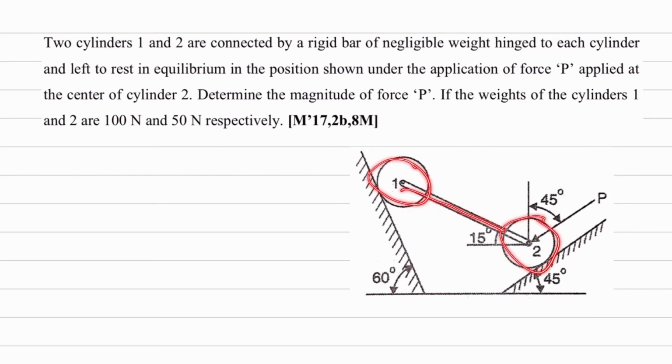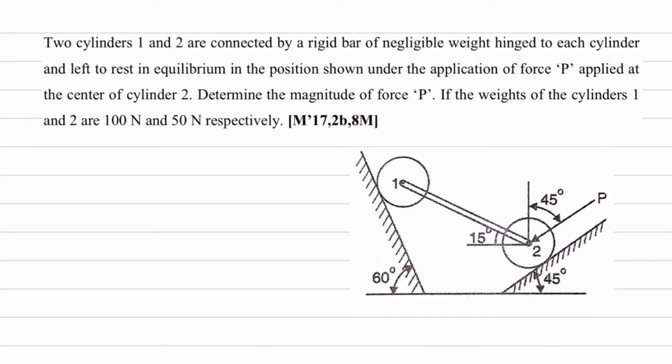They are connected by this rigid bar of negligible weight hinged to each cylinder. This rigid bar is hinged at the center of both cylinders and left to rest in equilibrium in the position shown under the application of force P applied at the center of cylinder 2.